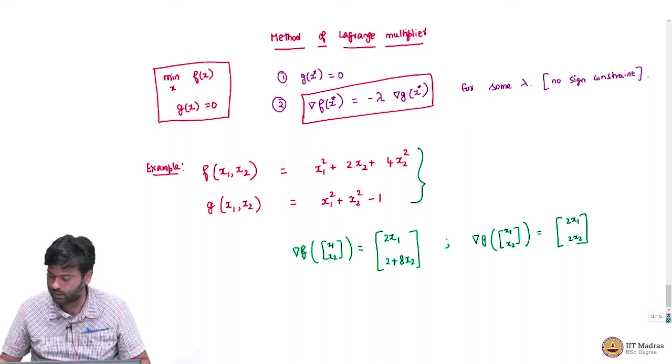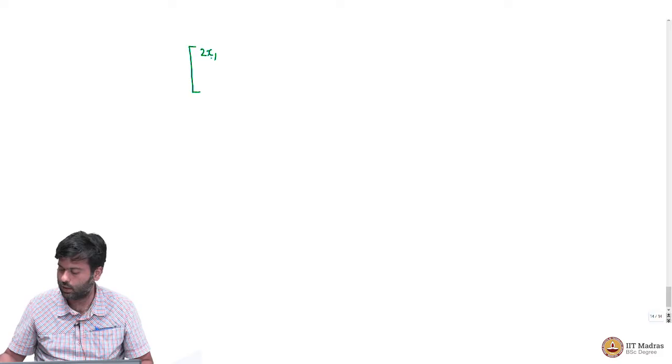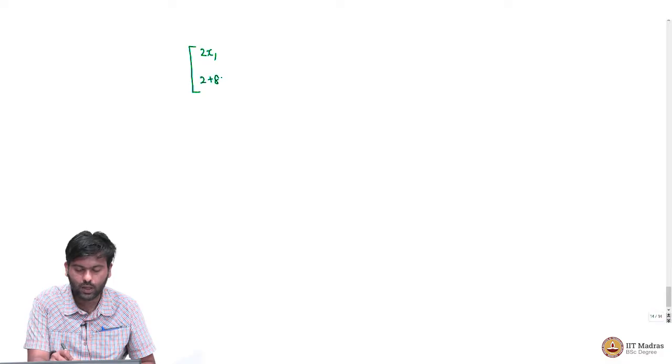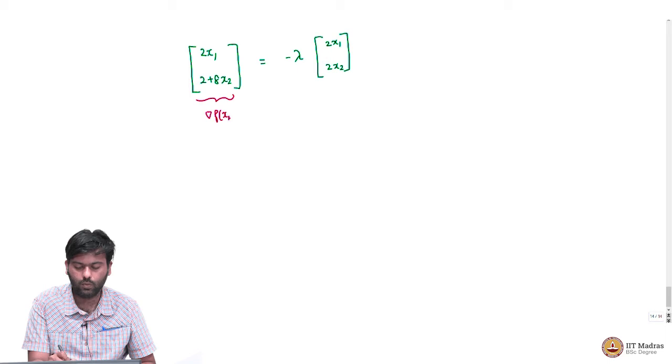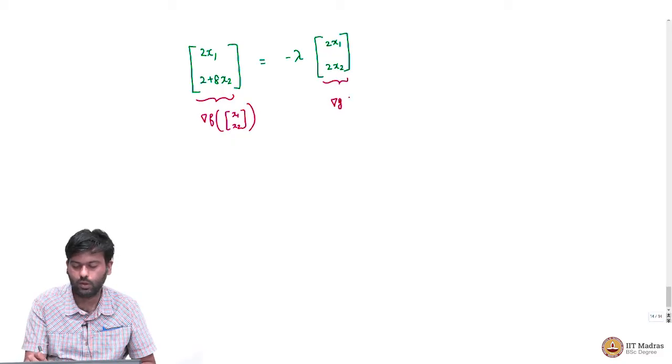It gives us that (2x1, 2 plus 8x2), which is del f of x1, x2, should be minus lambda times (2x1, 2x2), which is del g at x1, x2.